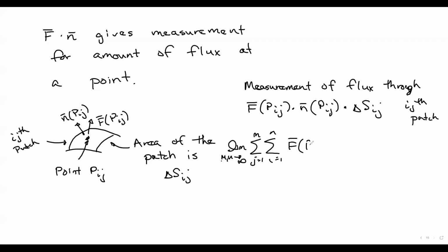This will end up adding up the f dot n, the amount of flux, for every point from every patch on the surface. And this ends up turning into the double integral of f dot n dS across our surface. This is our definition of flux, the conceptual definition for flux.